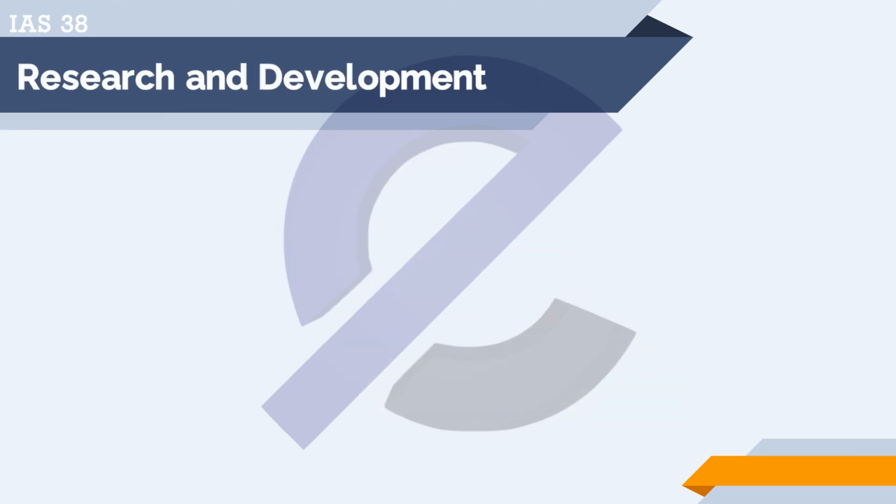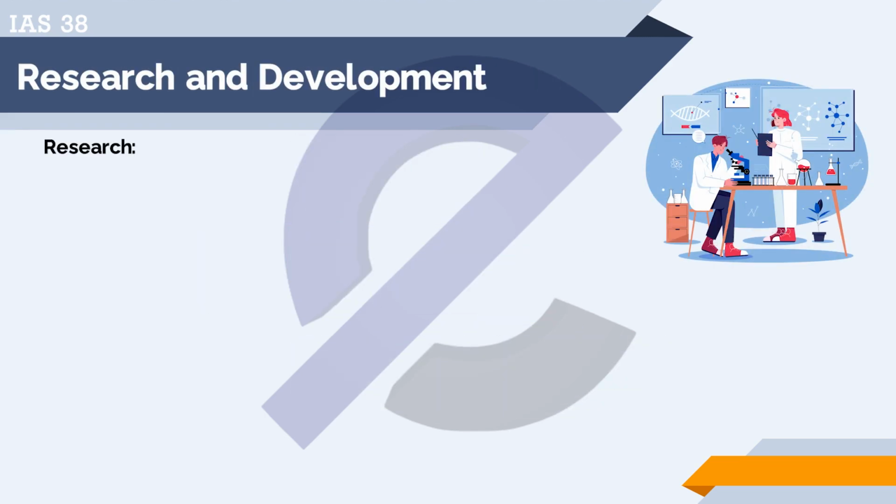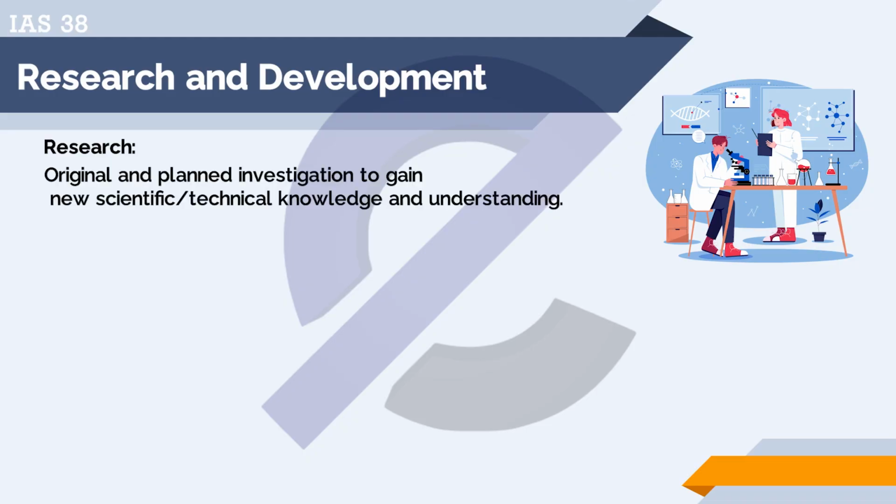Let's first see what is research and how a company can identify whether it is conducting research or not. IAS 38 says that research is expense that you incur on original and planned investigation. What does this show us? For example, if a pharmaceutical company is looking for a vaccine for a new kind of disease, then that is original and it is a planned investigation.